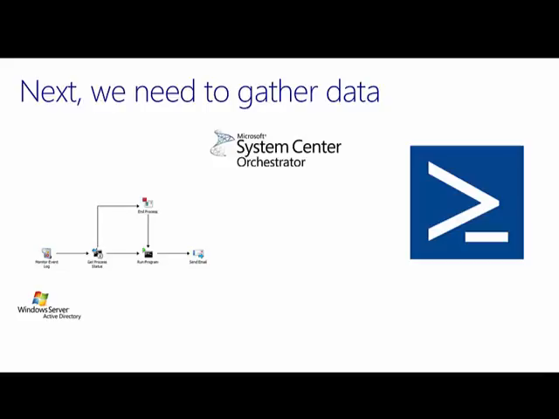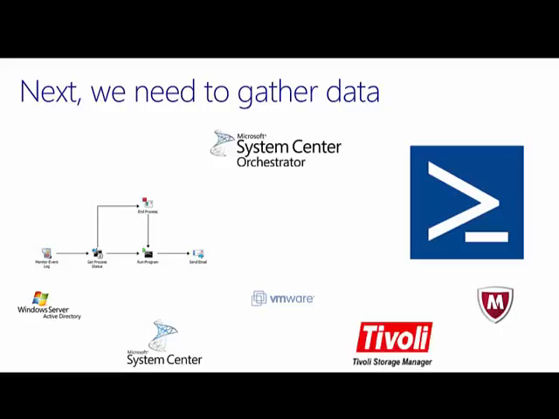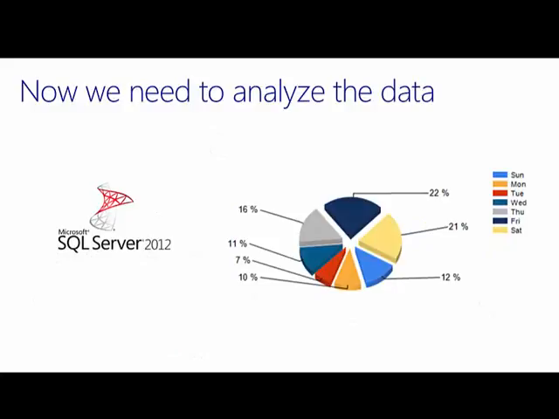And we pull data, as mentioned before, from Active Directory, from Operations Manager and Config Manager, from VMware, from Tivoli, and from McAfee. Once we have that data in the database, we need to crunch that data to be able to extract the systems that are the exceptions, and we do that again using SQL Server and using SQL Server Reporting Services. And I have a couple of reports that I want to show you around that.